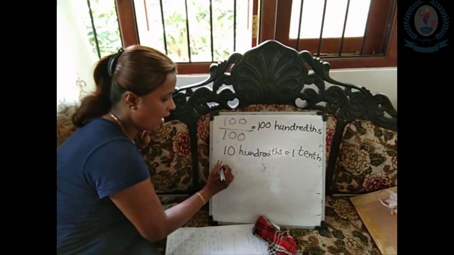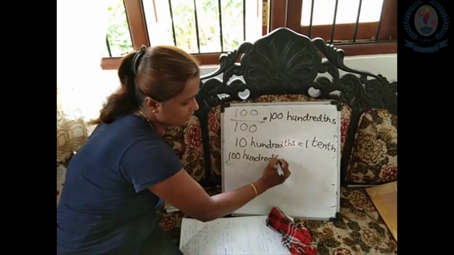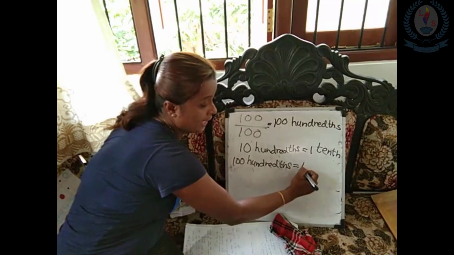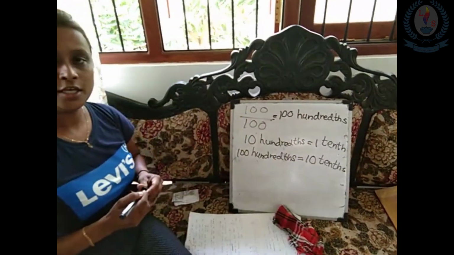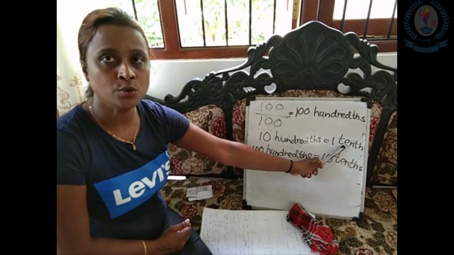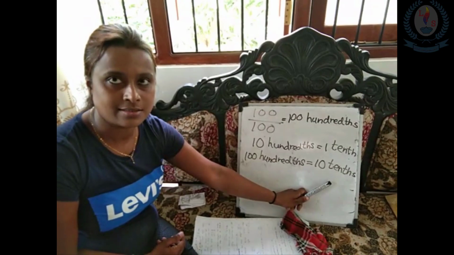So if 10 hundredths is equal to 1 tenth, 100 hundredths is equal to 10 tenths.